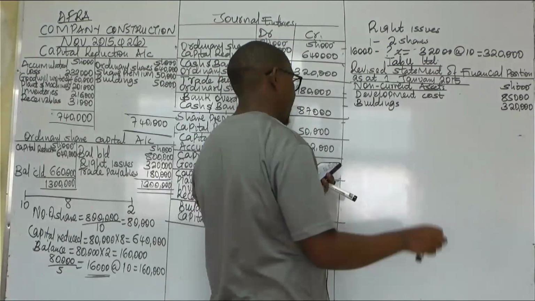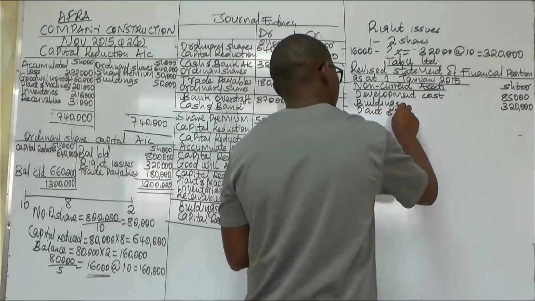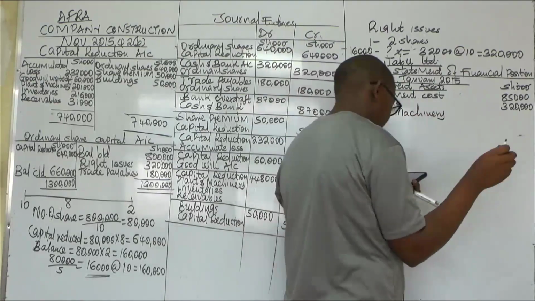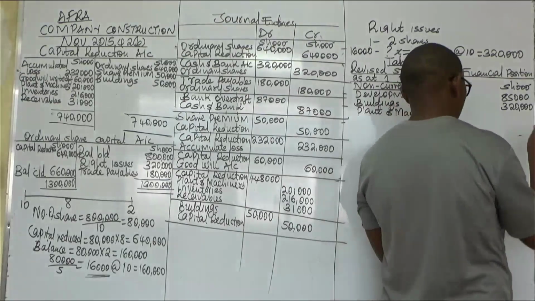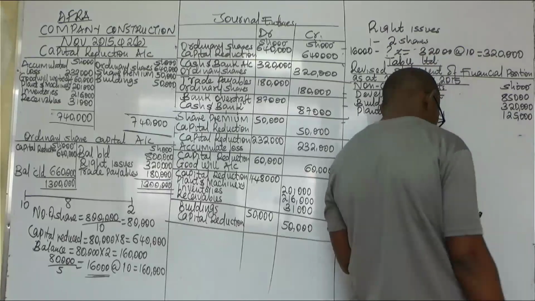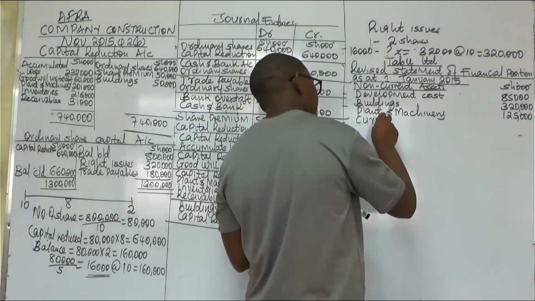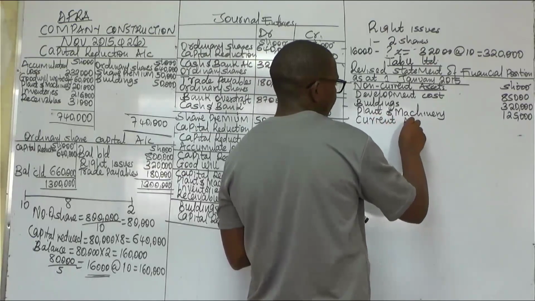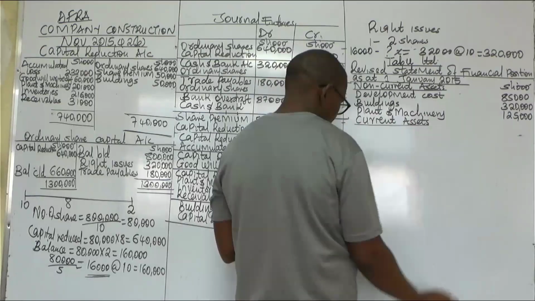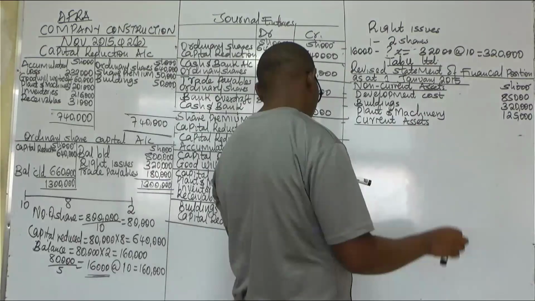We also have the plant and machinery. Plant and machinery ni ngapi? 125,000. Don't have any other non-current assets. Now have the current assets. Current assets, we have the inventories.